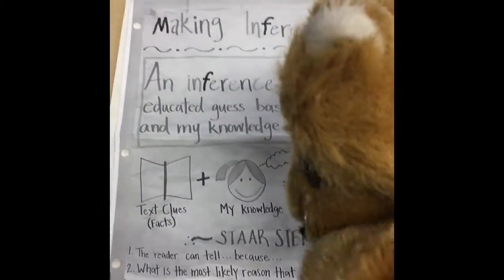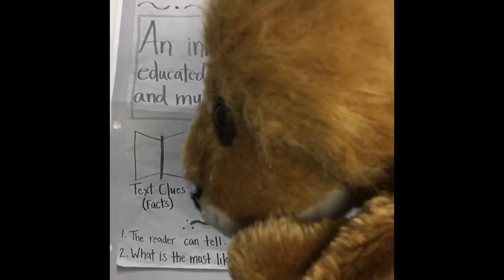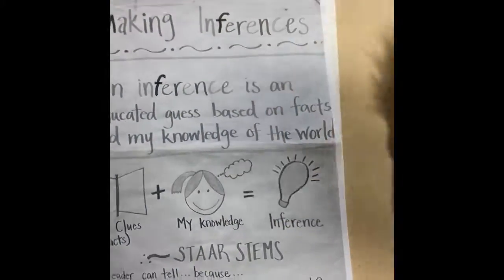Now, when you are doing tests, these are the stems that our test would use to help us realize that this is an inference question. For example, the reader can tell because, or they could say, what is the most likely reason that happened?